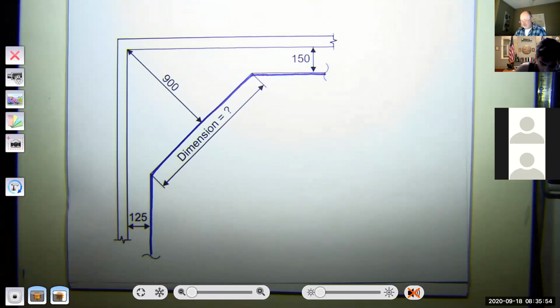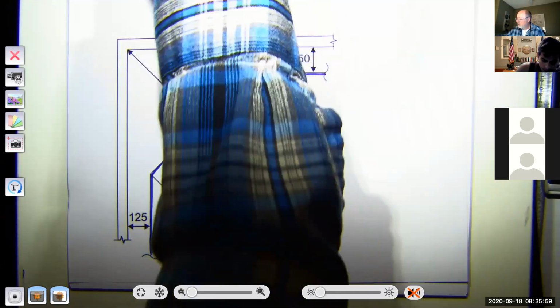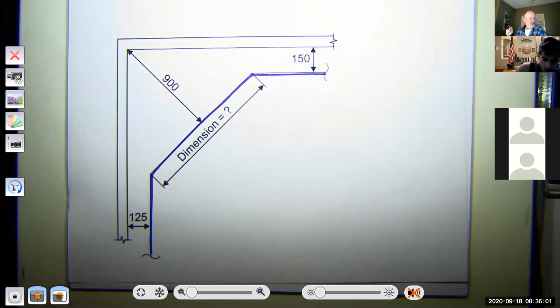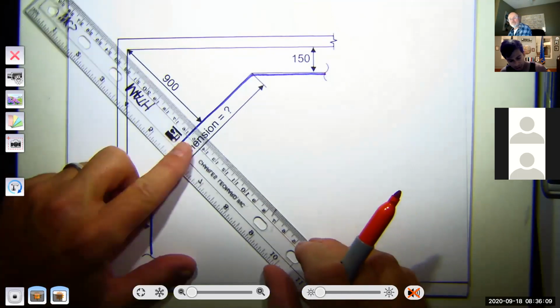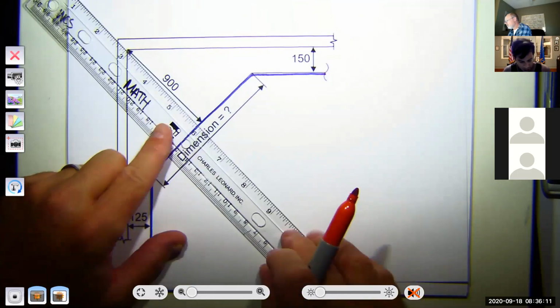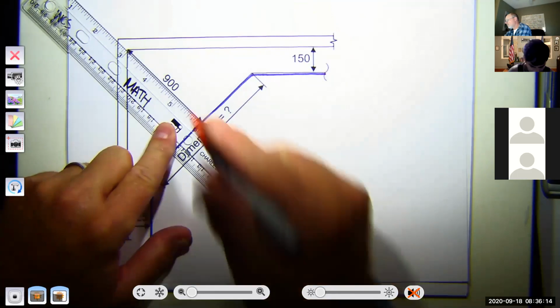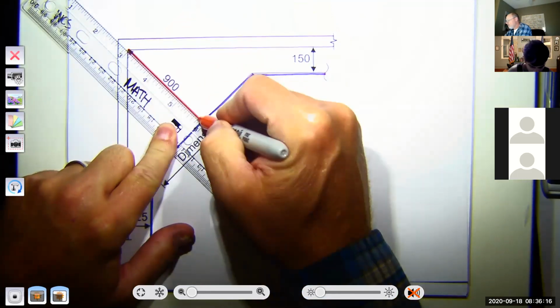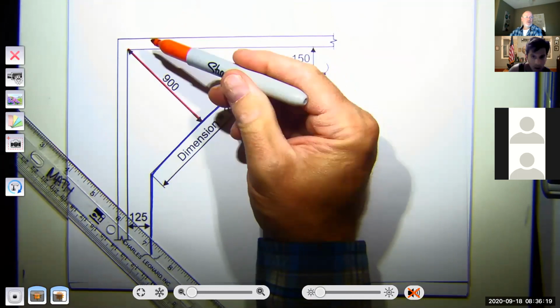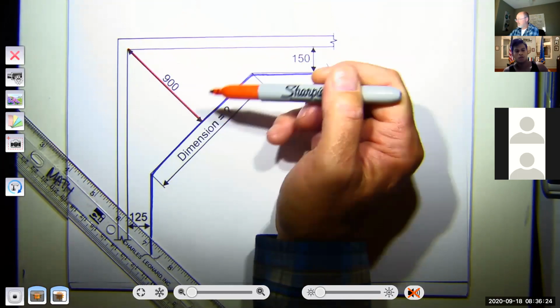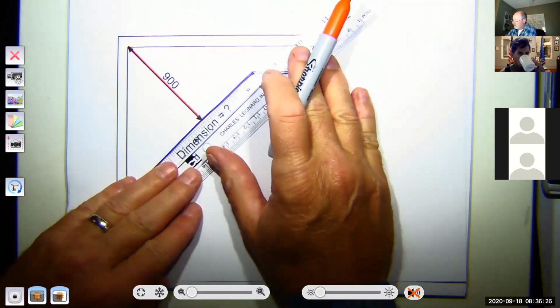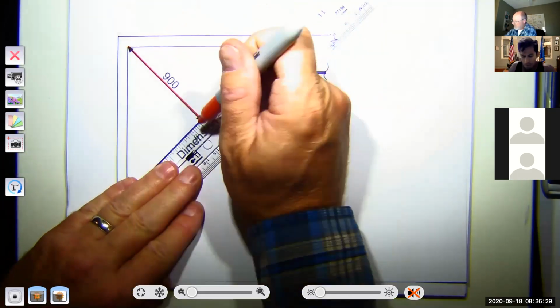Okay, so the first thing I'm going to do with this picture is draw a very big right angle triangle. I had a ruler here. There we go. So if I had a measurement from the corner, I'm going to draw a straight line to the center line of the pipe, and I'm going to make my right angle triangle.